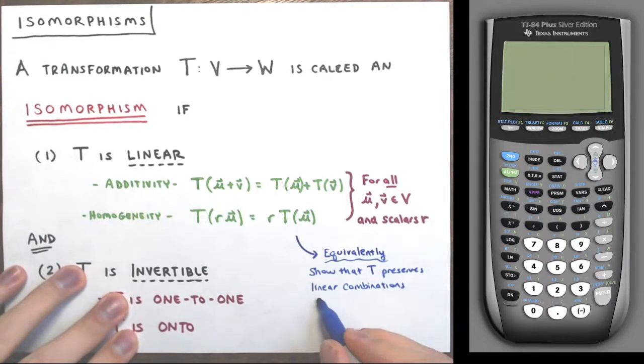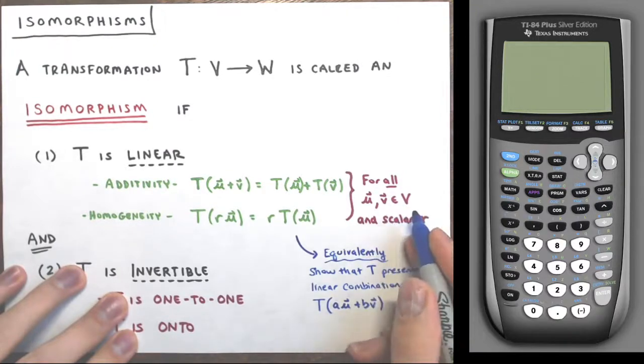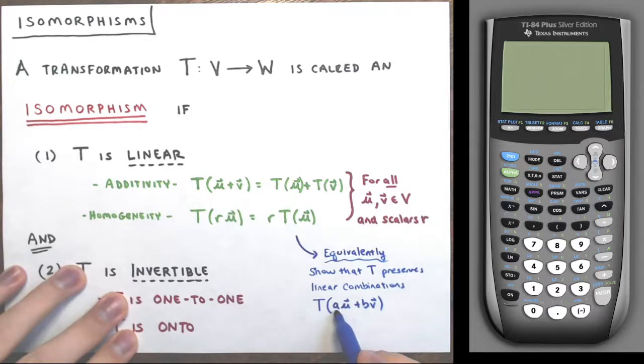In other words, show that T of a u plus b v, a linear combination of vectors u and v from the domain where a and b are scalars, is equal to a times T of u plus b times T of v.